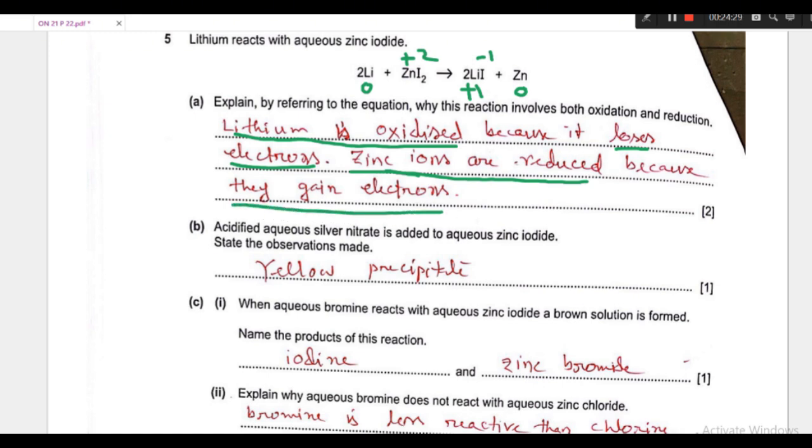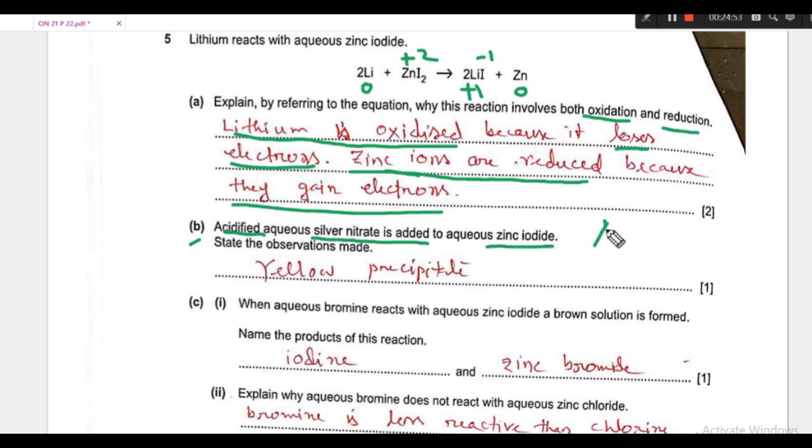Here lithium is oxidized because it loses electrons, zinc ion is reduced because it gains electrons. That's why this reaction involves both oxidation and reduction.